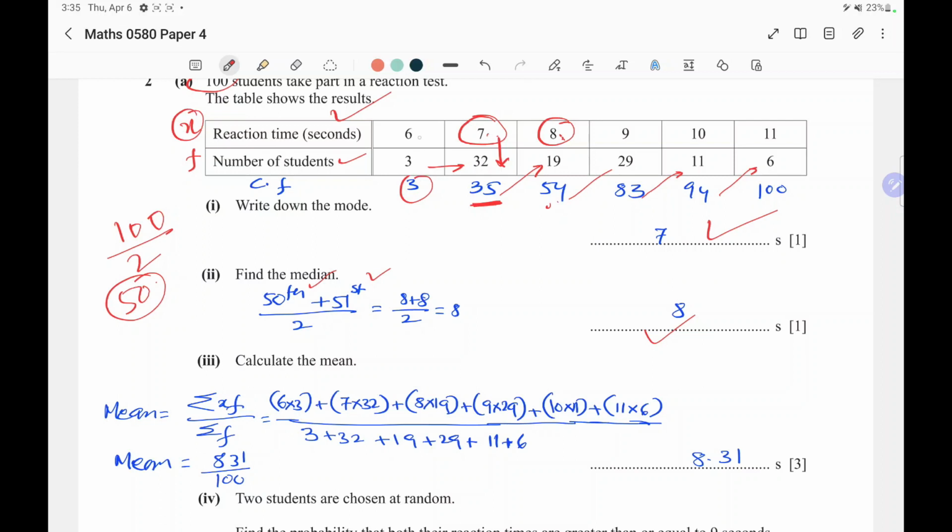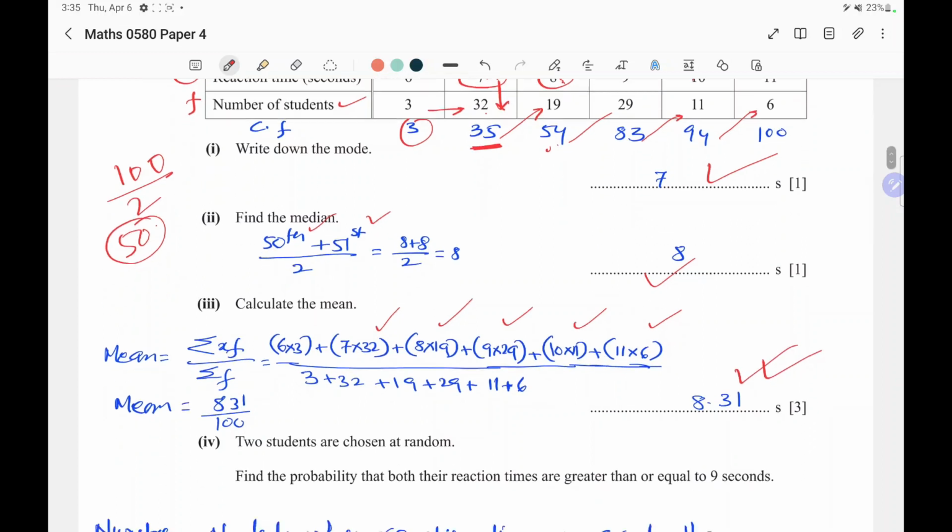So just multiply 6 times 3 plus 7 times 32, 8 times 19, 9 times 29, 10 times 11, 11 times 6, and over sigma f. I mean just add all frequencies. So 3, 32, 19, and all these ones. Now just use a calculator. If you use a calculator, you will get 831 over 100, that is 8.31.